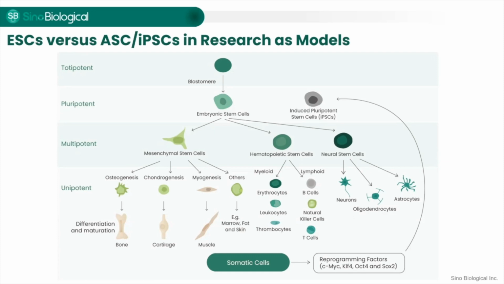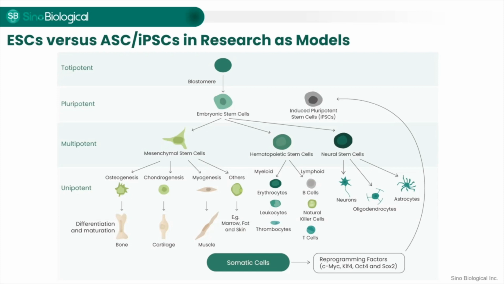Now, embryonic stem cells are pluripotent cells with the capacity to differentiate into various lineages, of multipotent and unipotent cells, and they facilitate research models in various fields. And because of their pluripotency and unlimited capacity for self-renewal, embryonic stem cell therapies have been proposed for regenerative medicine and tissue replacement after injury or disease.